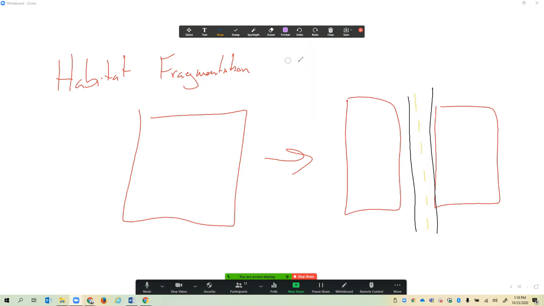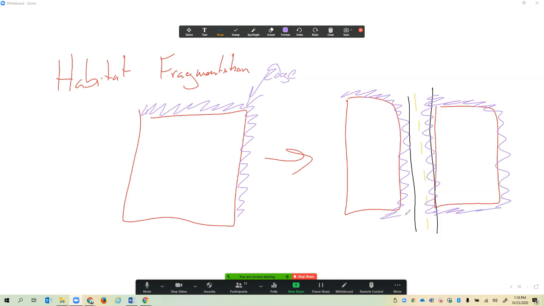Now, by splitting this, I've taken this border area, which is commonly referred to as the edge. And now I've increased the amount of edge habitat, because there's all this extra border on the center. That's extremely important because edge really opens up the avenue for invasive species.